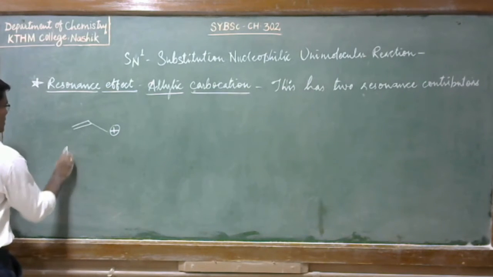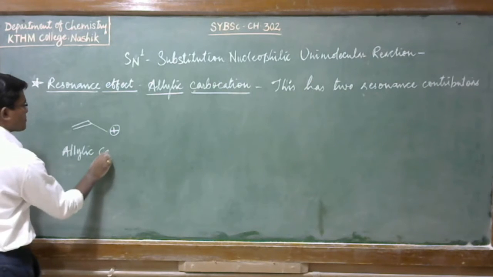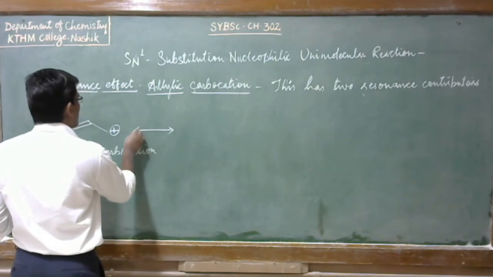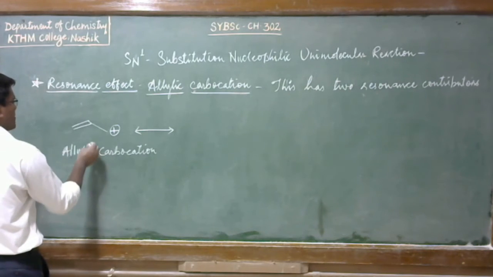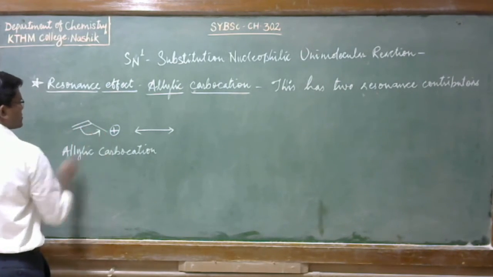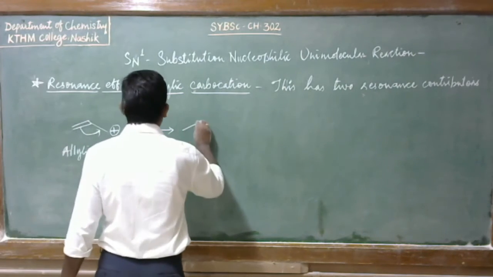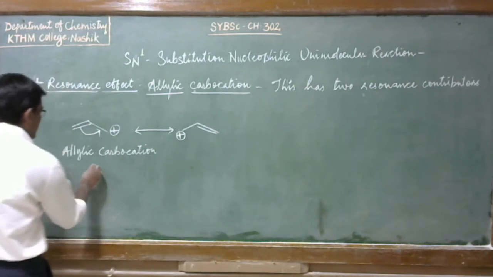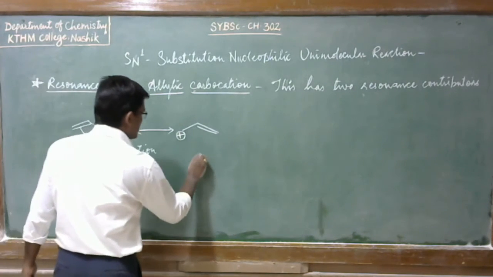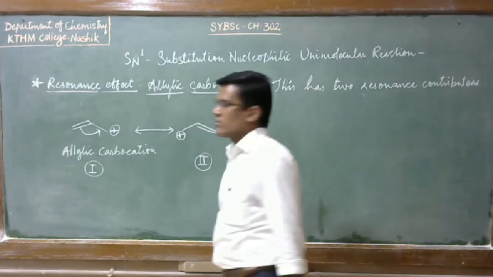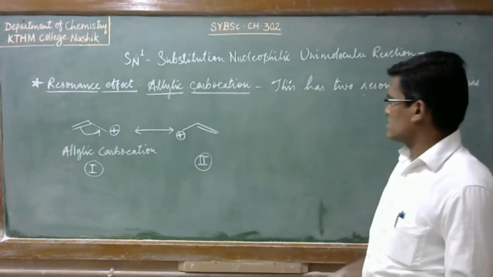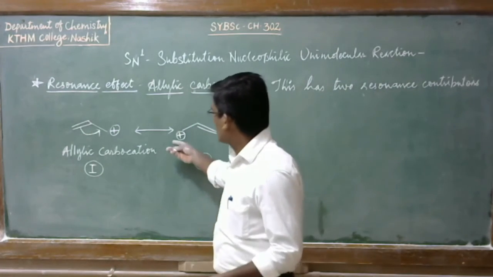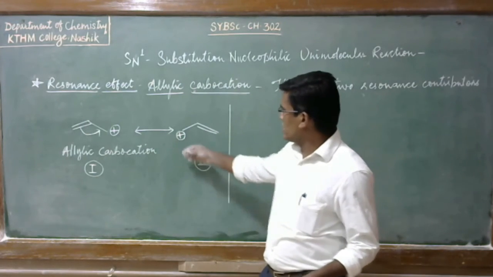So this is the allylic carbocation. The positive charge is shared by two carbons in this allylic carbocation.